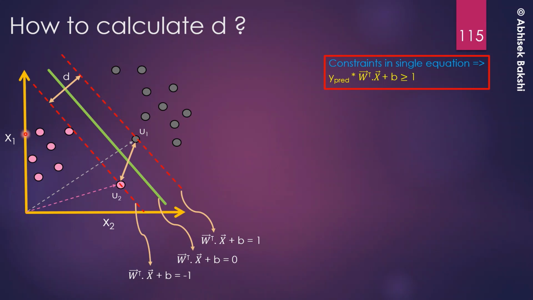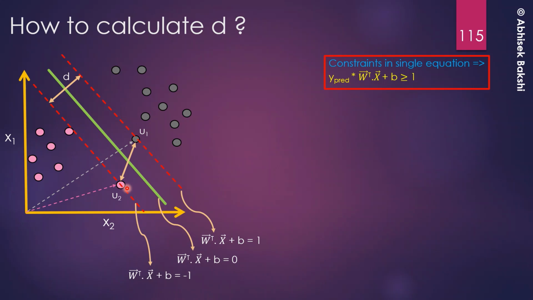Because you see, you have 2 points here, assume u1 and u2. These u1 and u2, you don't know where they exist on the red dotted line. You don't know. But what you have to do?